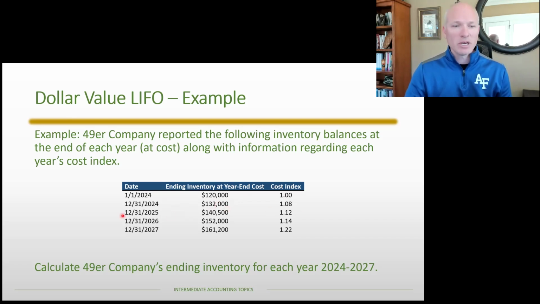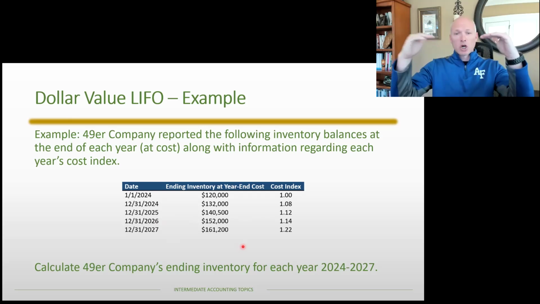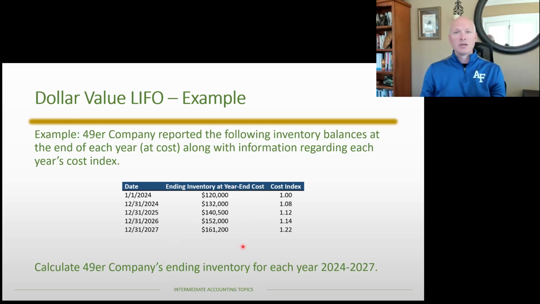But again, same thing in 2025. We measure the inventory as of December 31st, 2025. That's the value as of that date. We know that the increase in the value relative to the base year is because costs went up, but it also could be because volume went up. We don't know yet whether we added a layer. Same thing in 2026, same thing in 2027. So with each of these, costs went up every single year.